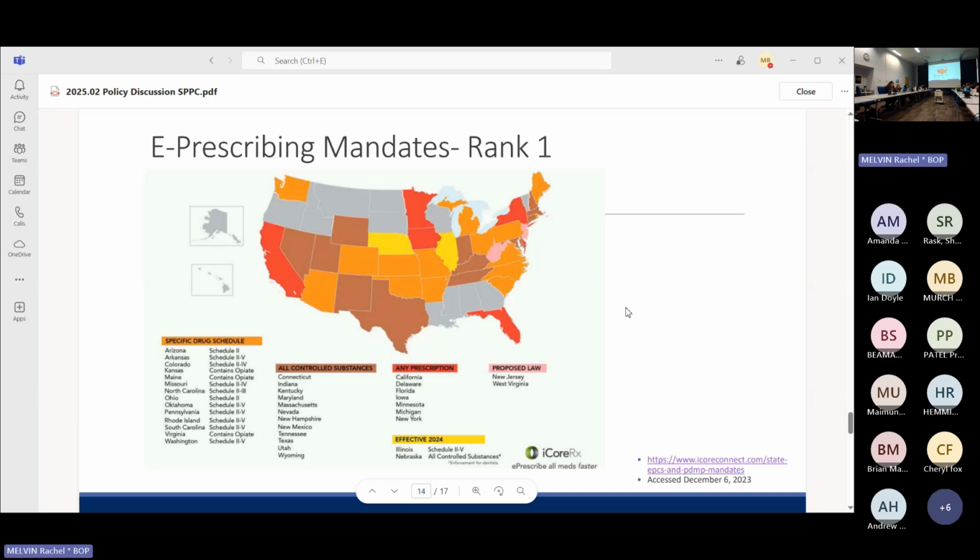A few examples of legislation, of course, California, Nevada, Washington, and there are different bills associated with that that require prescribers to use e-prescriptions.